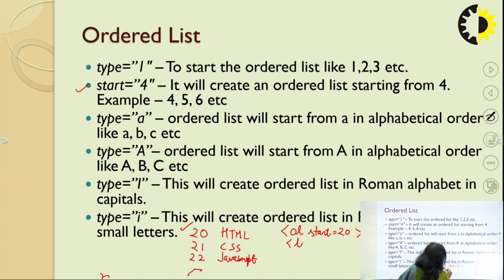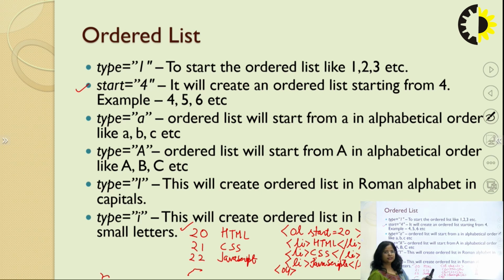Then li HTML, then closing li. Again, here 3 elements are there. So we mention li, again CSS, li JavaScript, then the closing OL tag.